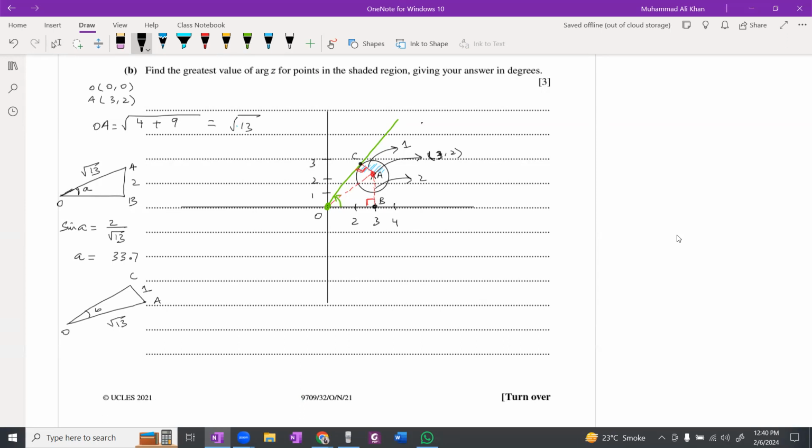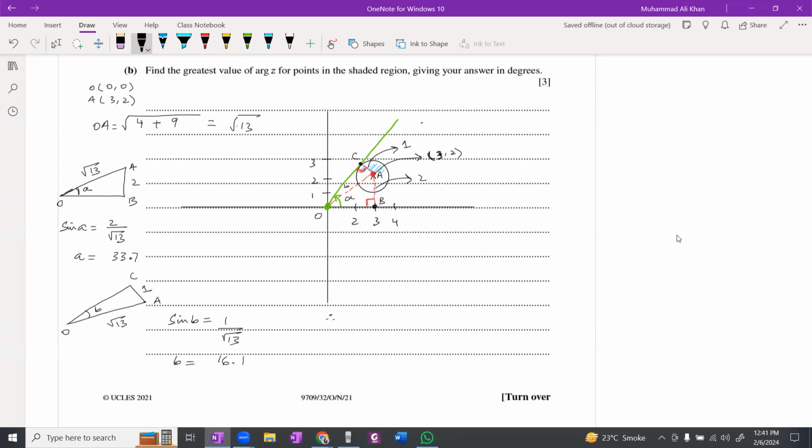I'm calculating angle B. So again, sine B equals opposite over hypotenuse, 1 over under root 13. So what is the value of B? The value of B is 16.1.